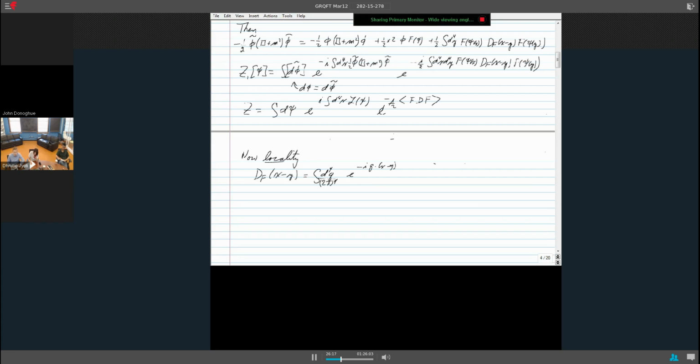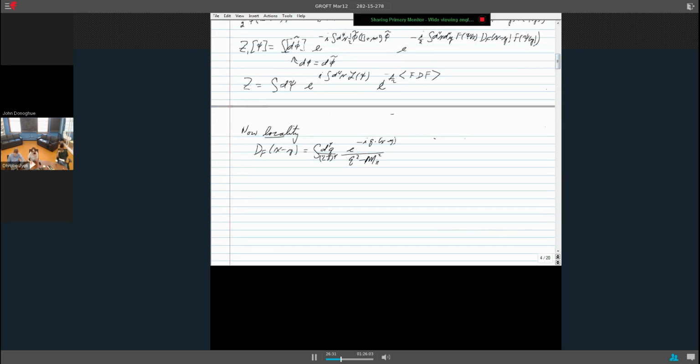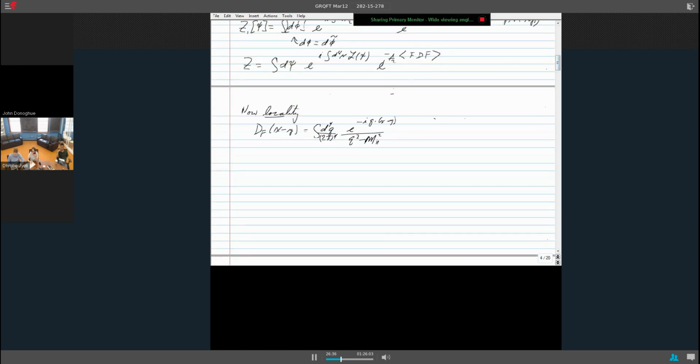Now the locality part is the following. We have df of x minus y is integral d4q over 2 pi to the fourth, e to the minus I q dot x minus y, over q squared minus m heavy squared, where m heavy is taken to be big.